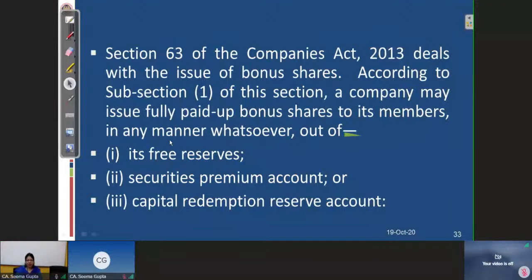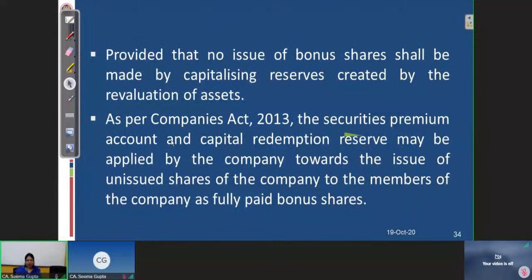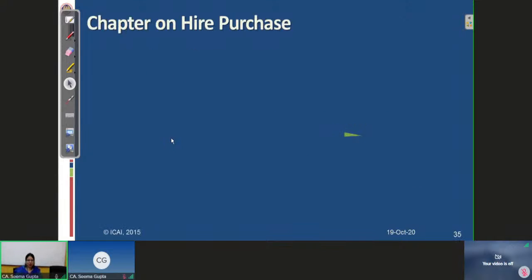But no issue of bonus shares shall be made by capitalizing reserves created by revaluation of assets. So if any revaluation reserve is there, you cannot issue bonus shares out of it. The securities premium account and CRR may be applied by the company towards the issue of unissued shares of the company to the members as fully paid up, but only as fully paid up bonus shares.